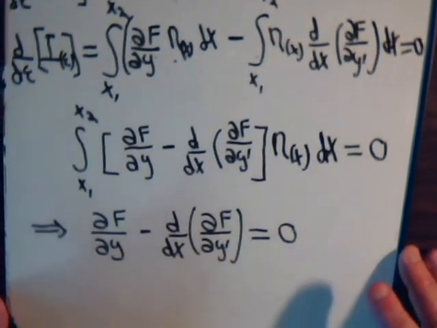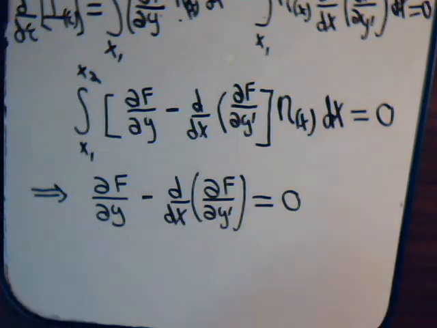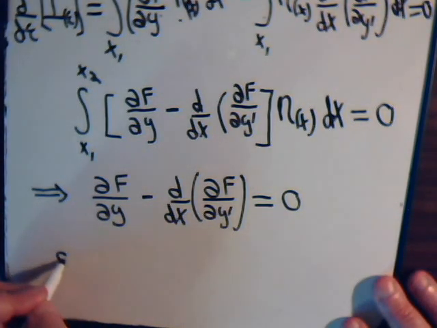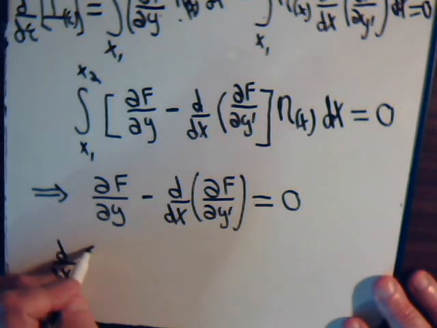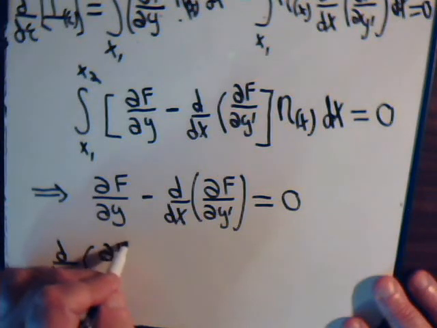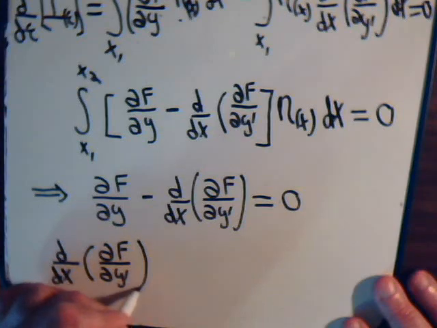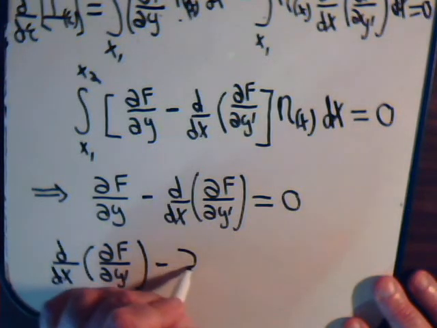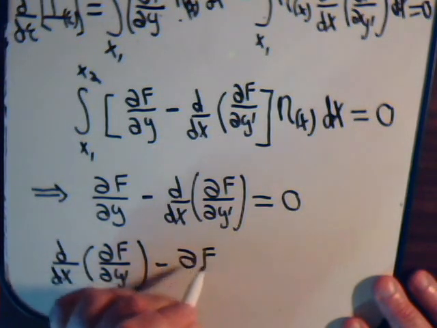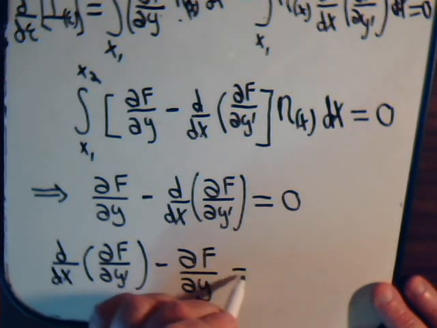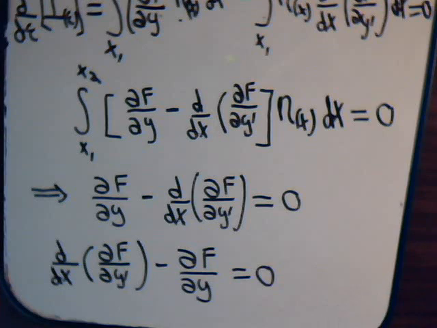Or when you see it in books, usually it's multiplying both sides by minus 1. You usually see it in this form: d/dx of the partial of f with respect to y prime, minus the partial of f with respect to y, equals 0. And that's Euler's equation.